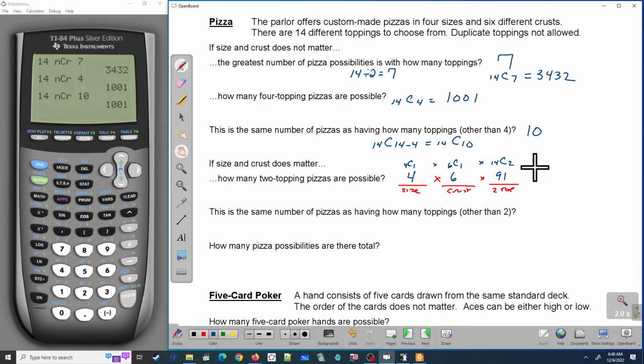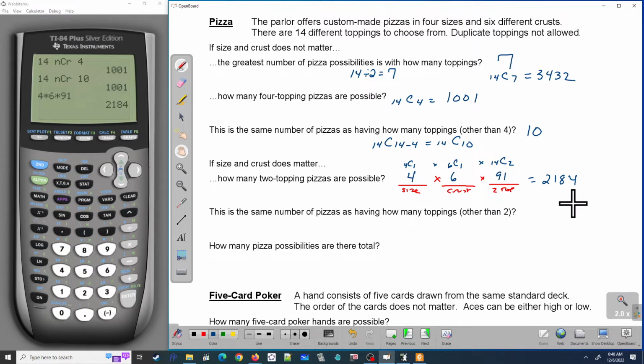And if I type that all into the calculator, 4 times 6 times 14C2, which I have already predetermined is 91, we'll come up with 2,184 different ways to have a 2-topping pizza if we can now alter our size and our crust.